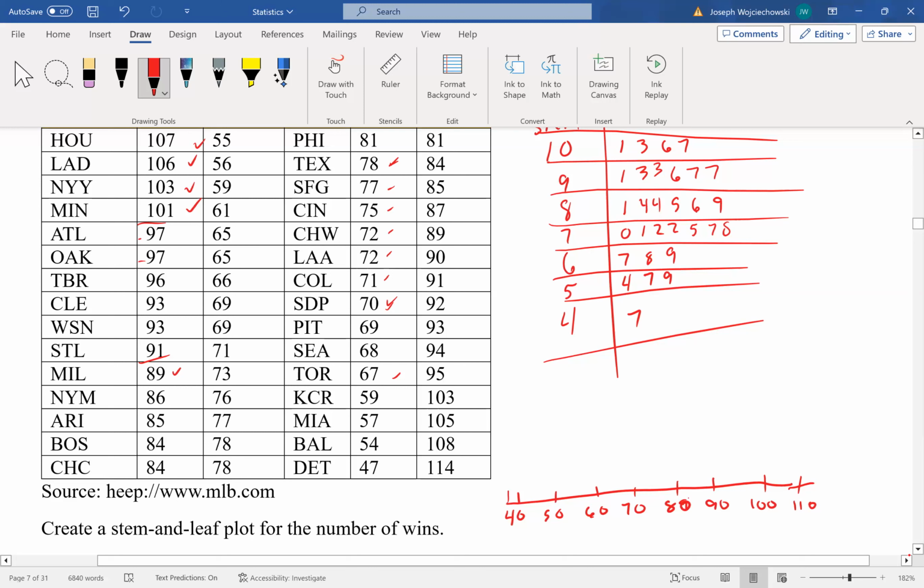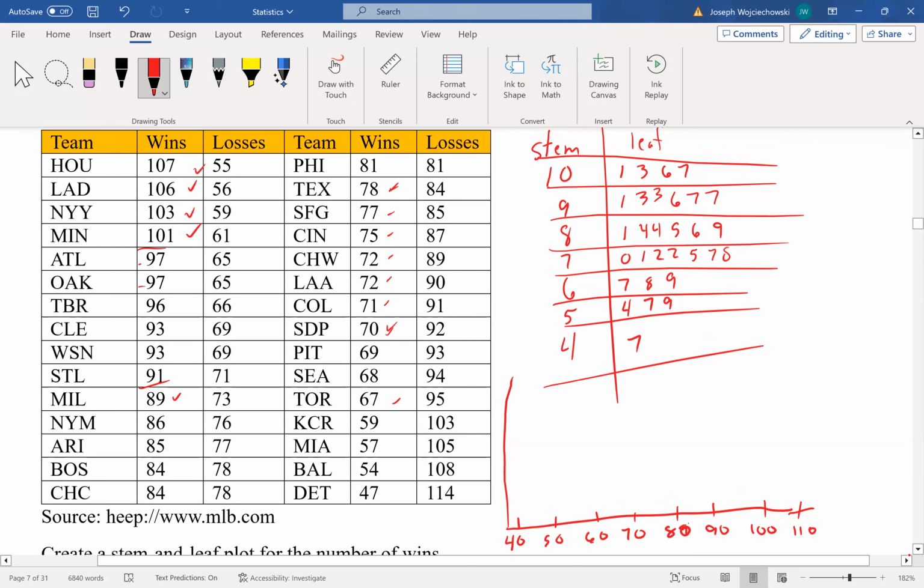Then we go up here like this. And then we look, how many teams? We'll go 2, 4, 6, and 8 should be enough.